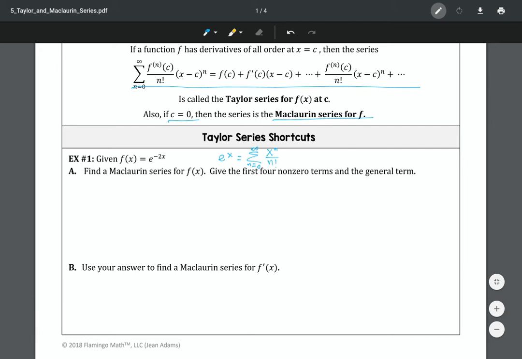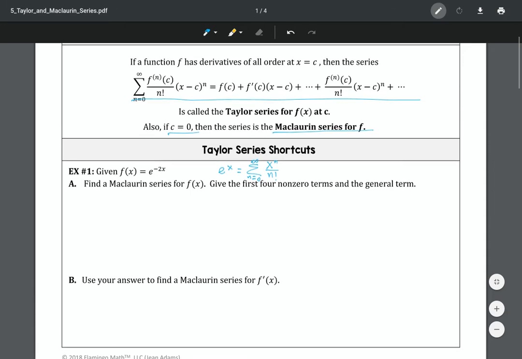Okay, so now, since I know that's what that is, in general, if you start plugging in a 0 for n and so on, you get 1 plus x squared over 2 factorial plus x cubed over 3 factorial and so on, right?